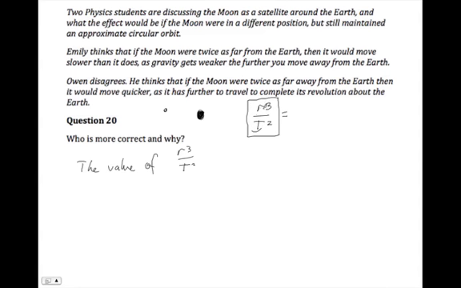So whatever r cubed divided by the square of the period is, it's going to fit for every single thing orbiting the Earth. If you've got a satellite that's very close to Earth, whereas the Moon's farther away, this radius has decreased a lot, so its period decreases a lot. It takes 30 days for the Moon to go around the Earth. Some of these satellites take 90 minutes.